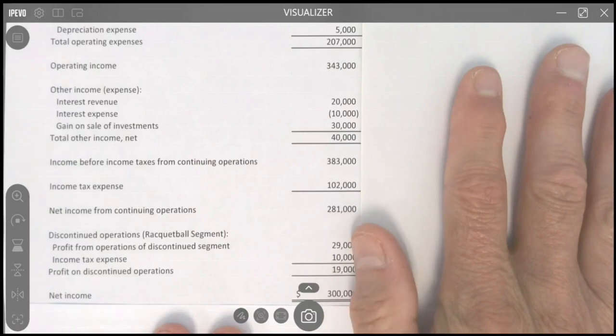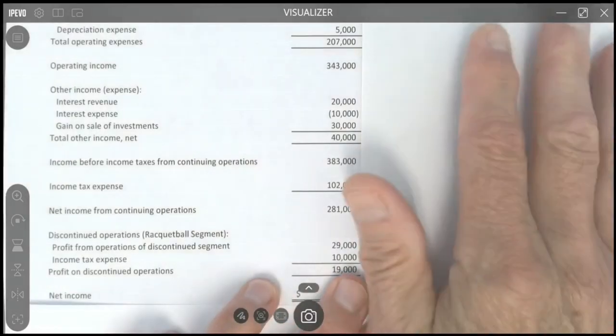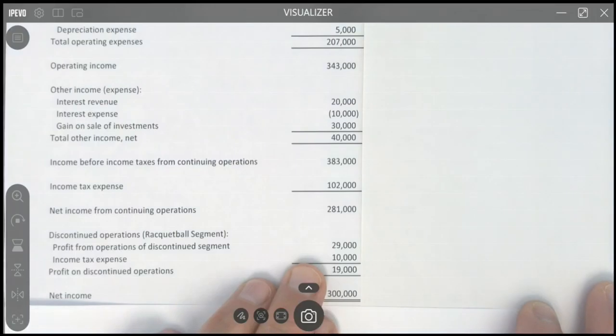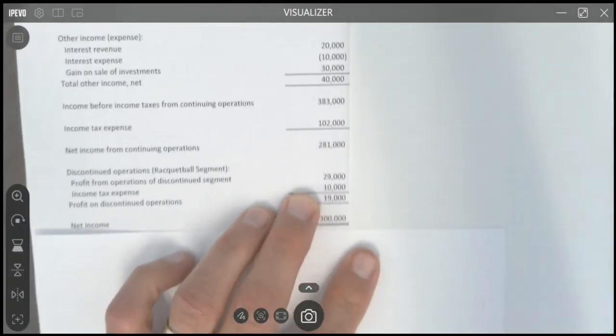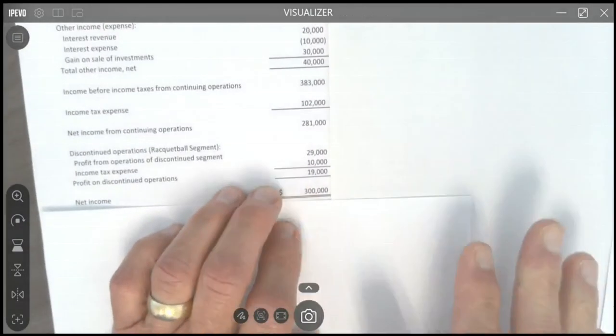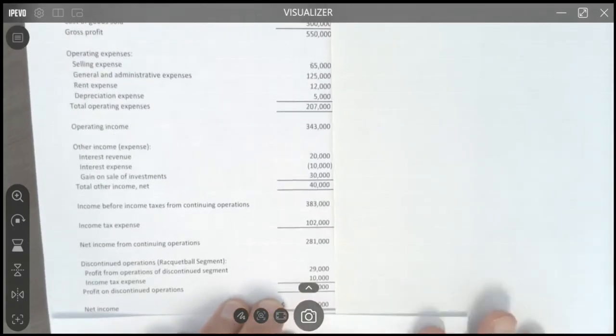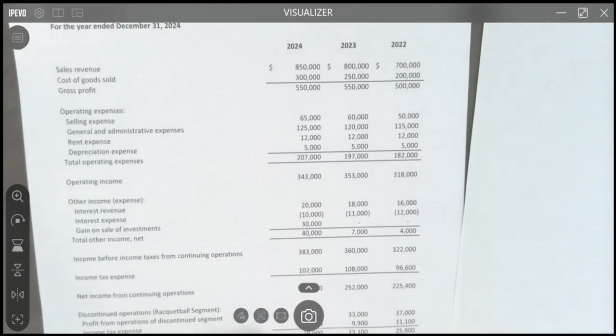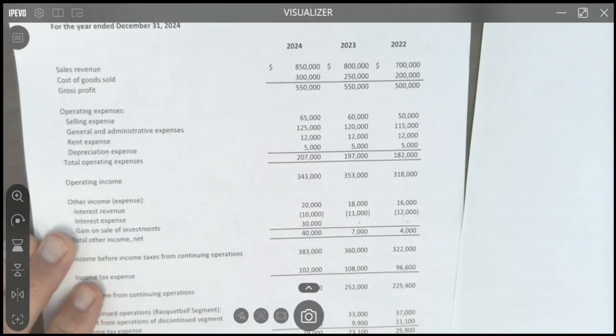You've seen that I have something to the right of here. This is part of a larger case, and I have 3 years now shown. You didn't have this information, so that's okay.